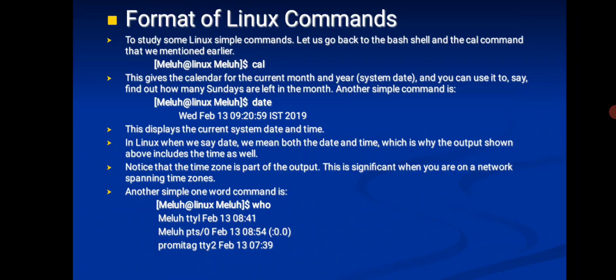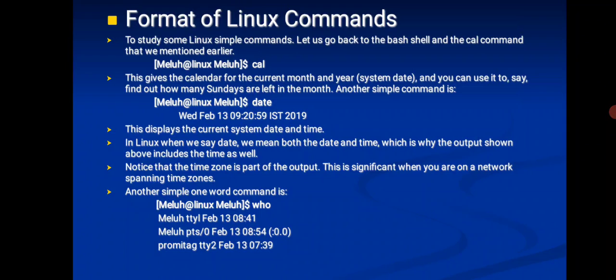Another simple command is the date command. The date command will display the current system date and time, so using it we can find the date as well as the time.